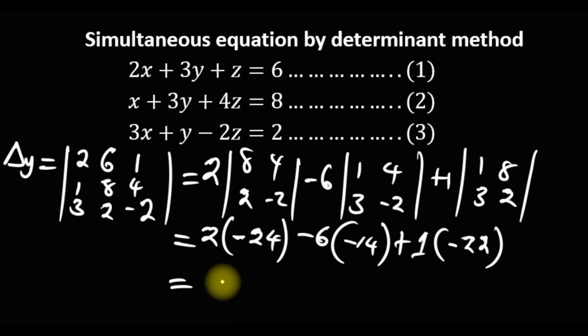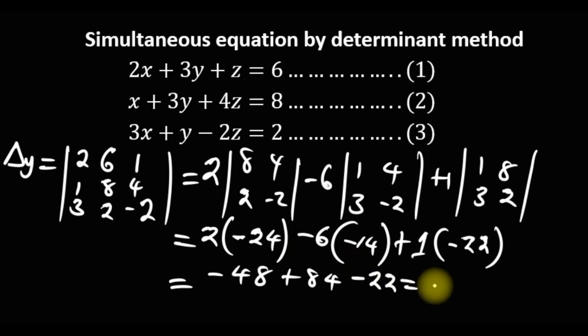So 2 times minus 24 is minus 48, 6 times 14 is 84, and 1 times that is minus 22. So minus 48 minus 22 is minus 70, and 84 minus 70 is 14.